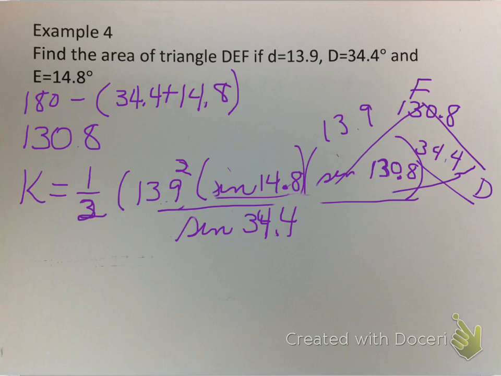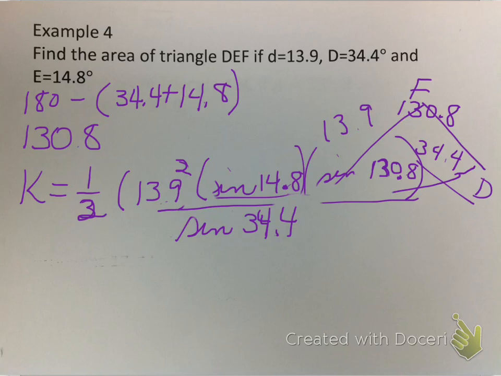Okay, so you're going to put in your calculator 0.5 times 13.9 squared, and then you want to multiply that by the sine of 14.8 degrees times the sine of 130.8, divided by the sine of 34.4.